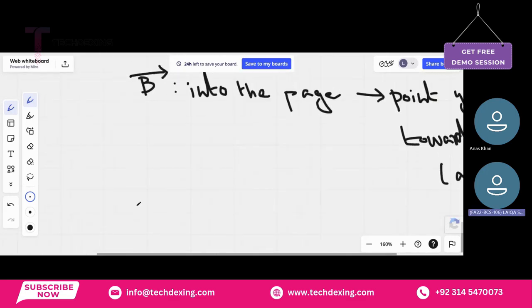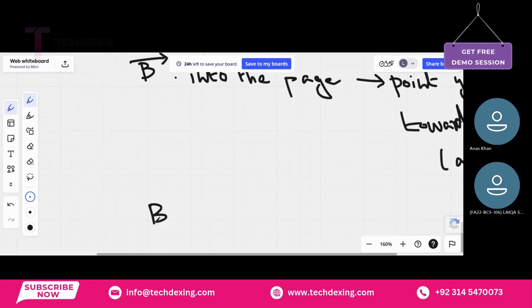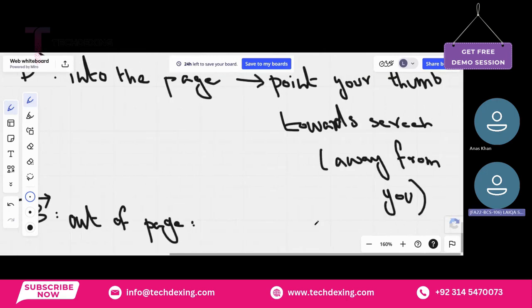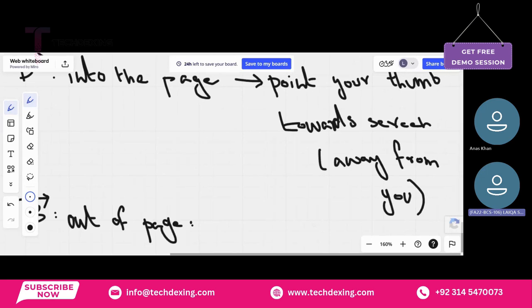And if we have the magnetic field which is coming out of the page, then we have to point our thumb towards ourselves.